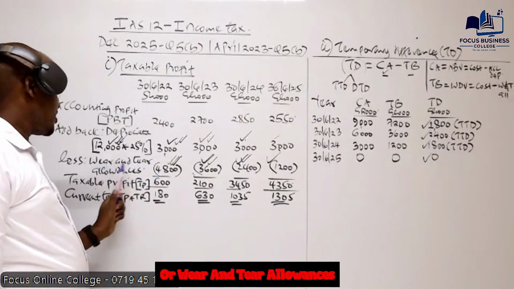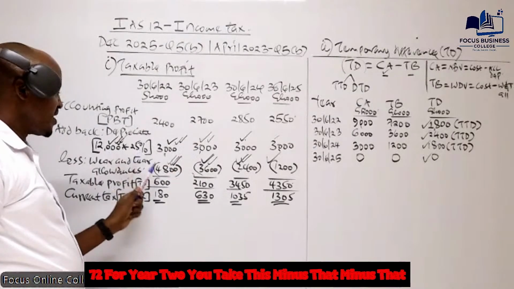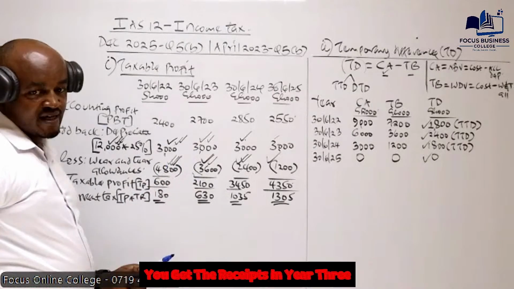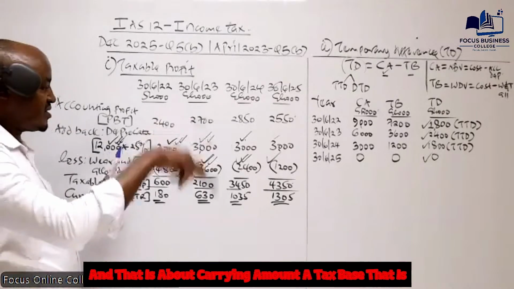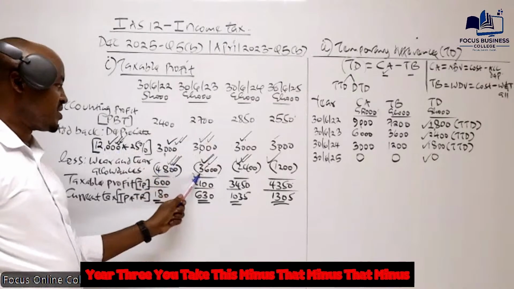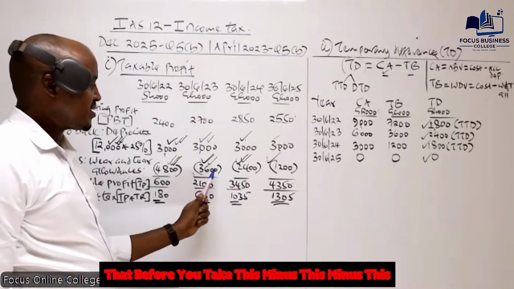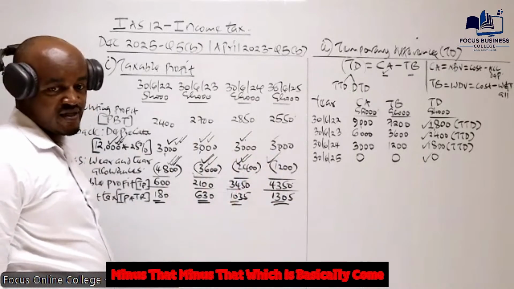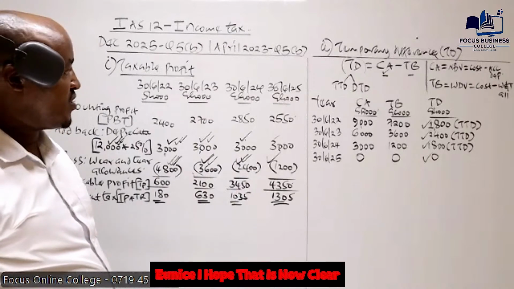For the first year, you take this minus that, you get 72. For year two, you take this minus that, you get 36. In year three, you take this minus that, minus that, minus that. Year four, you take this minus this, minus this, minus that, which is basically giving us 0. Units, I hope that is now clear.